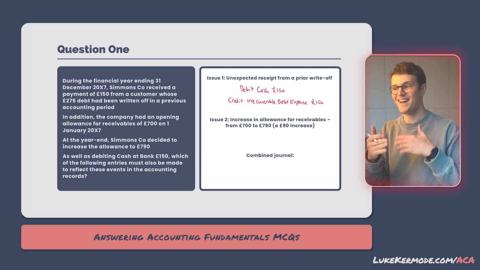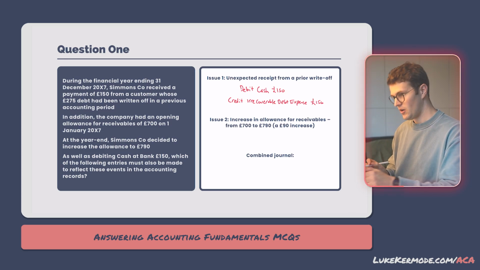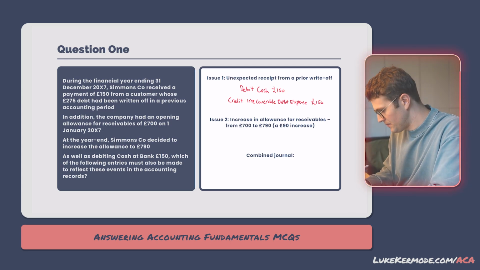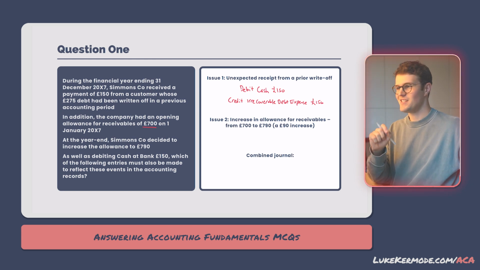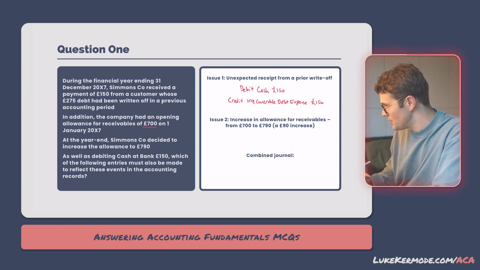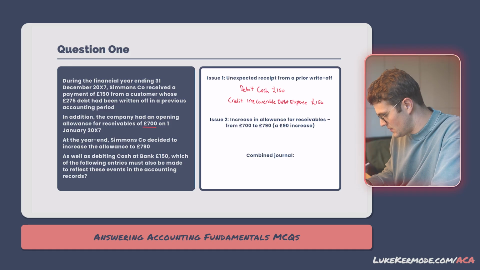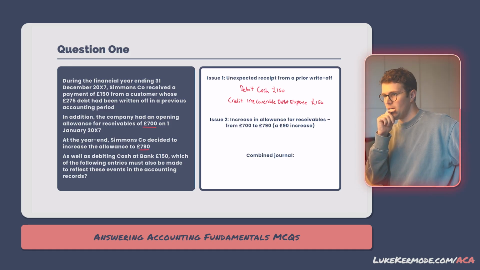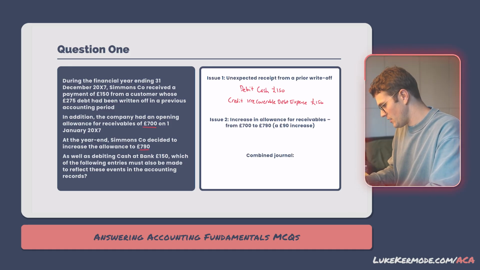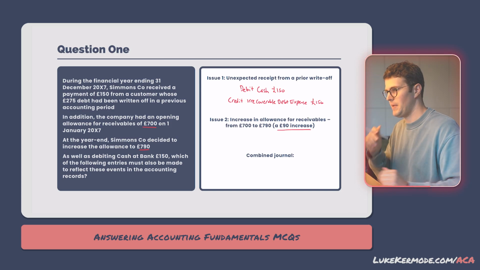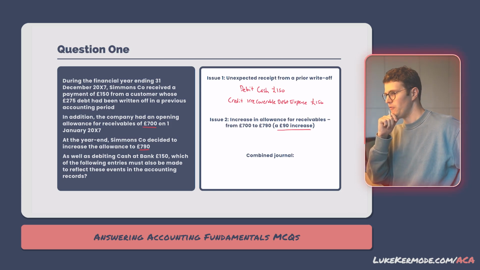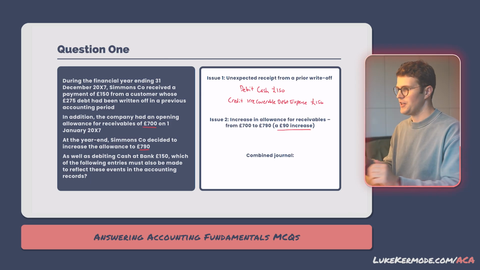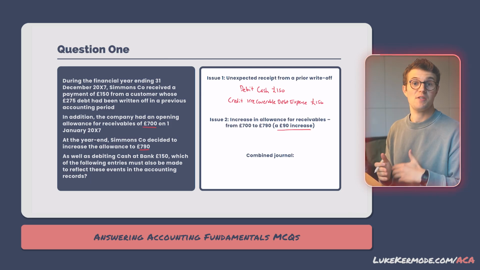Now let's turn to the allowance for receivables. So we're told that the company had an opening allowance of £700. And at the end of the year, management decided to increase that allowance to £790. So that's an increase during the period of £90. Whenever we increase an allowance for receivables balance, we reflect that adjustment in the financial statements as an expense.